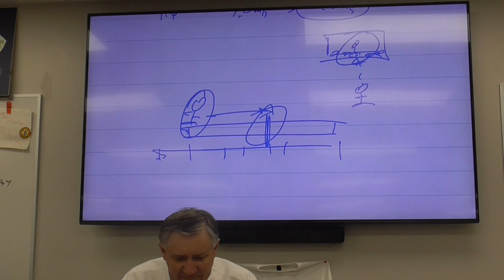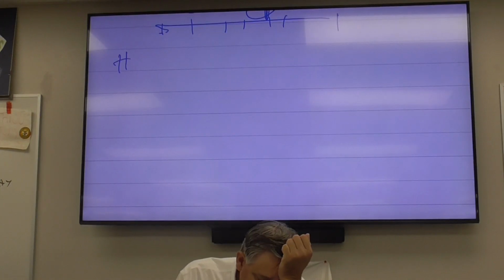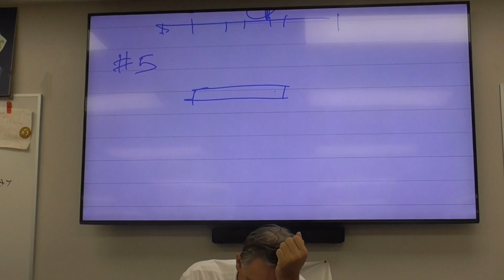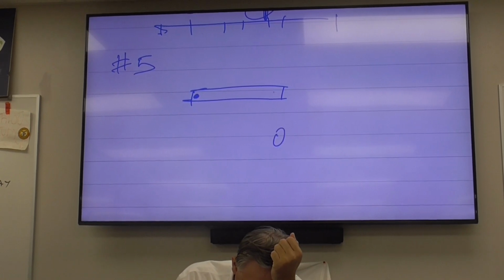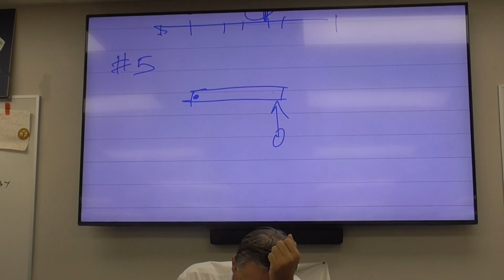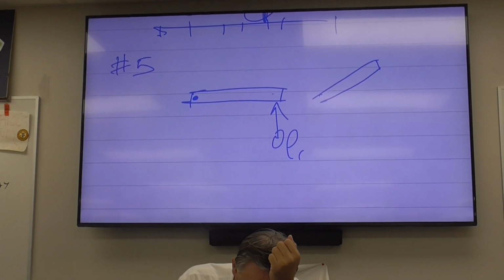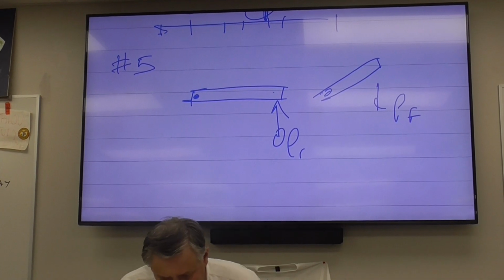Now when you get to 5, 5's a good question. I like number 5. Let me give you this visual. You've got a rod that can spin about this point. Something is going to come in and hit it, with a certain amount of initial momentum, and then afterwards the rod is going to spin around, with some amount of final momentum.